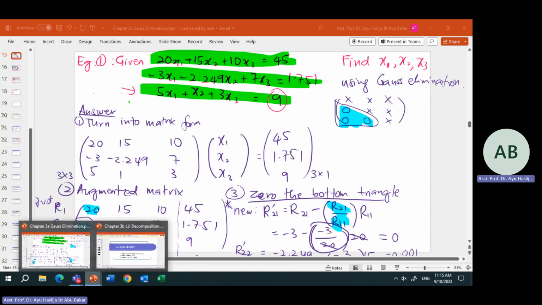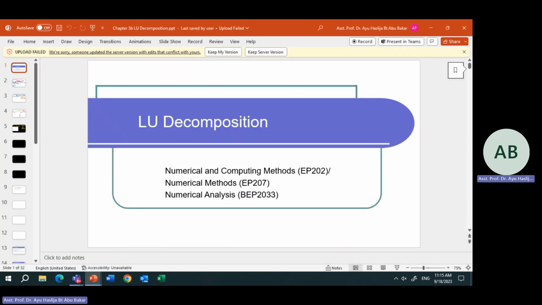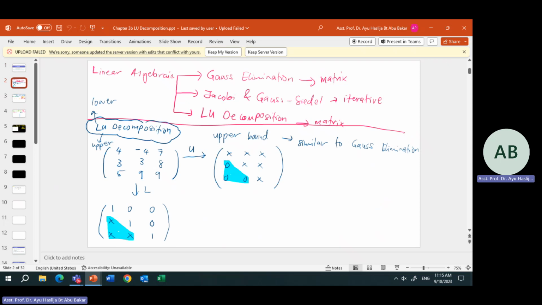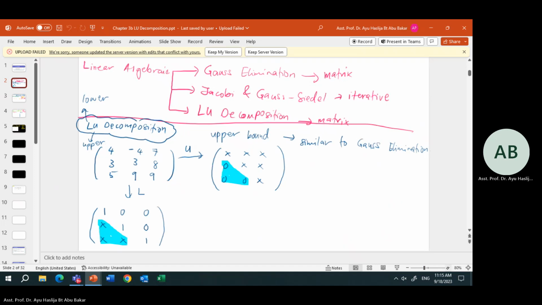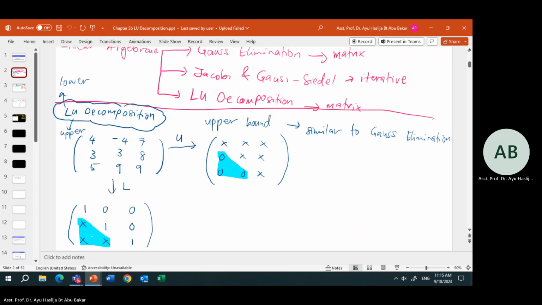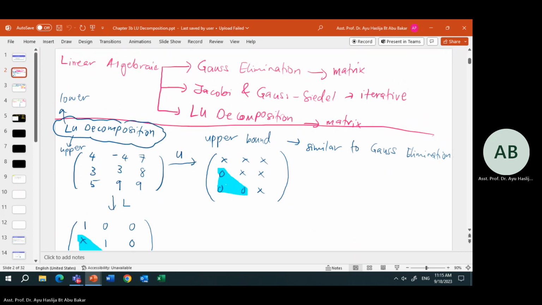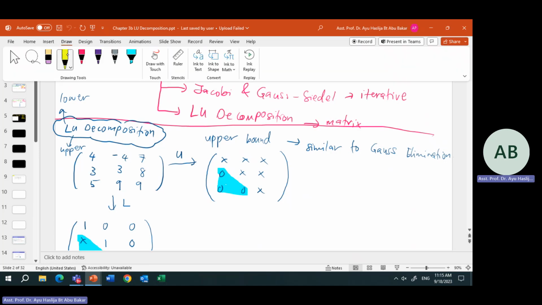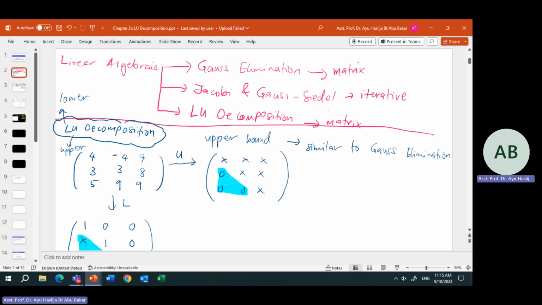Now I move to LU decomposition. LU decomposition is basically similar to Gauss elimination. In linear algebra, we have direct elimination and iterative methods.